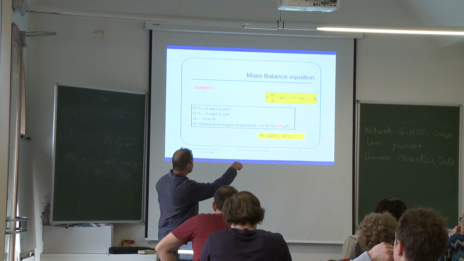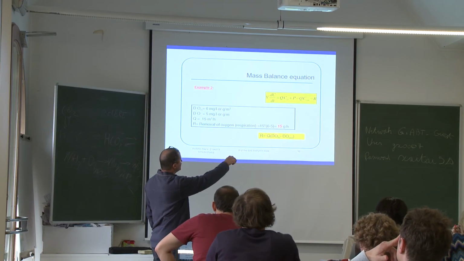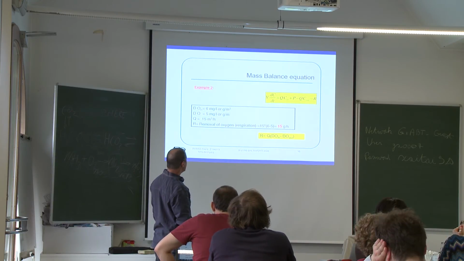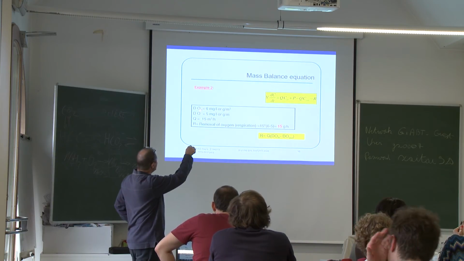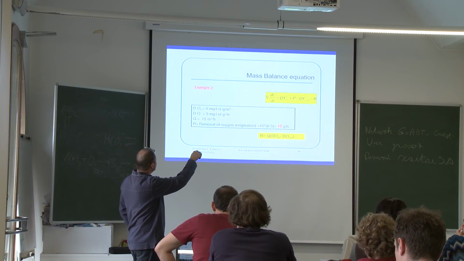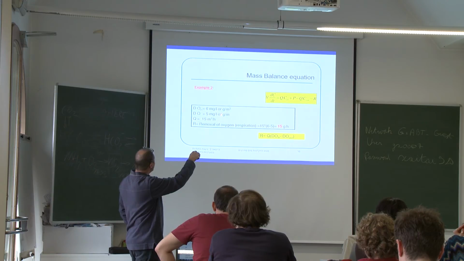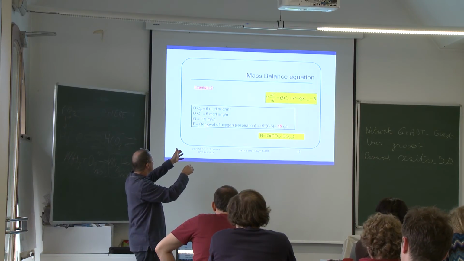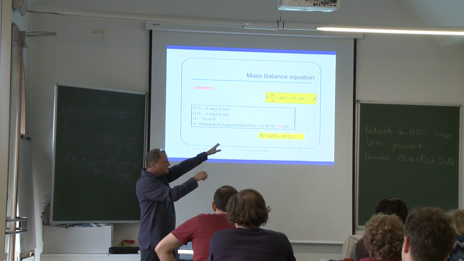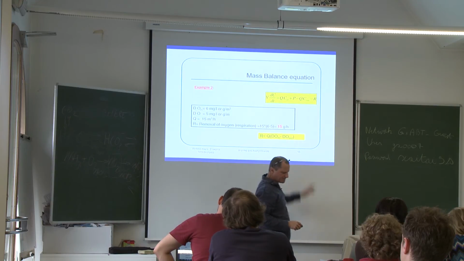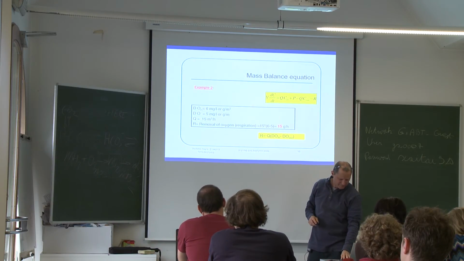So we rearrange this equation, and we know that the removal rate is equal to the flux in times the difference in concentration. We introduce 6 milligram per liter, that's our given, and the concentration at the outlet is 5 milligram per liter, and we know the flow rate. What is the removal rate? We put it into this equation, and we see that it's 15 grams per hour. So this is the idea.